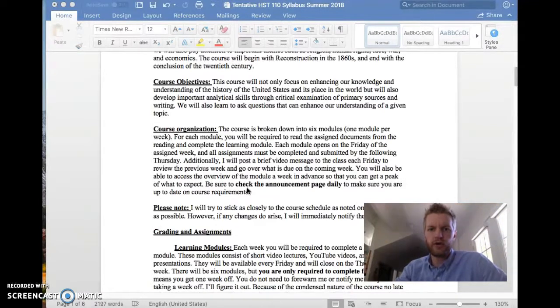And a primary source is a speech, letter, article written during the time of the subject that you're studying. So they're very, very interesting. There's a lot of speeches in there from very famous people like FDR, Richard Nixon, JFK, Martin Luther King.